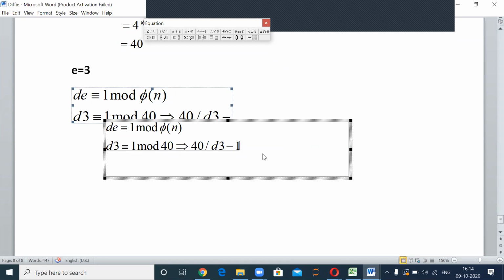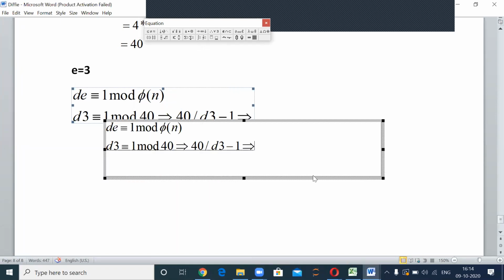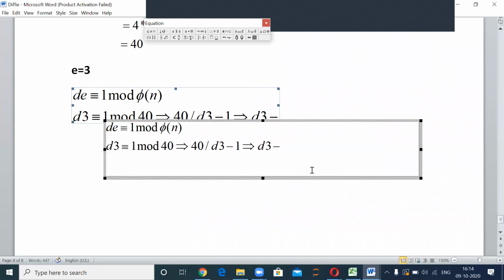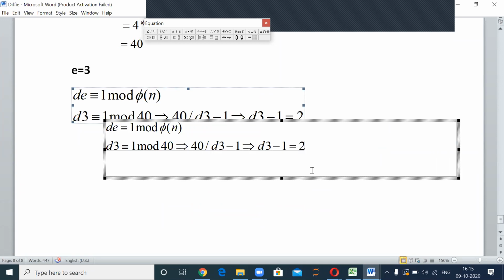With this we see that a divides b. In the morning session I said that a divides b can be written as b is equal to some constant into a. Here I can take the constant as 2, or you may take it as 1, but you are not getting the result correct.